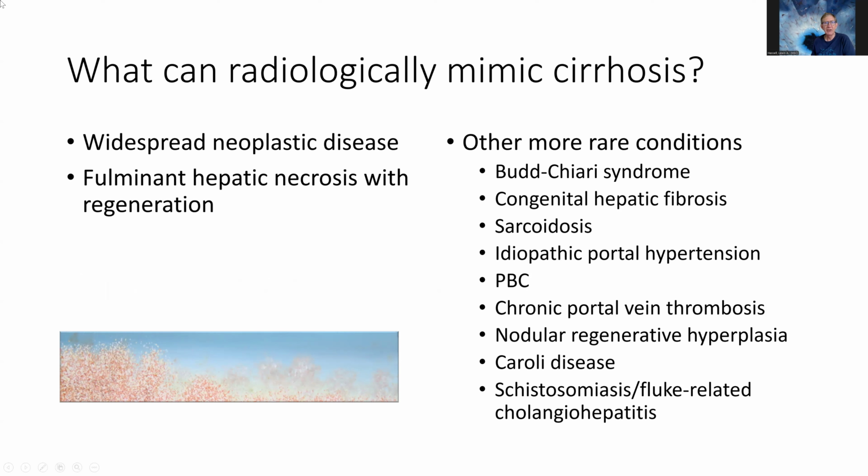So these are not things to be totally glossed over, even though the most common scenario would be to interpret it as cirrhosis, possibly secondary to a viral disorder and so forth.